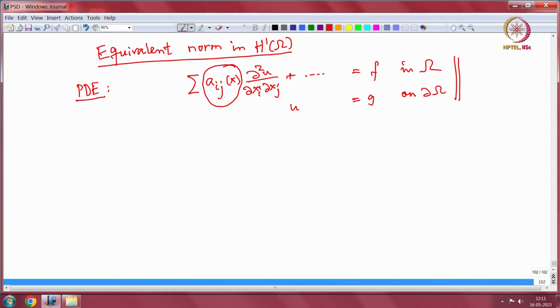So, now because of such equations, we look for some equivalent norm in H1 omega. Okay. So, some notation again.